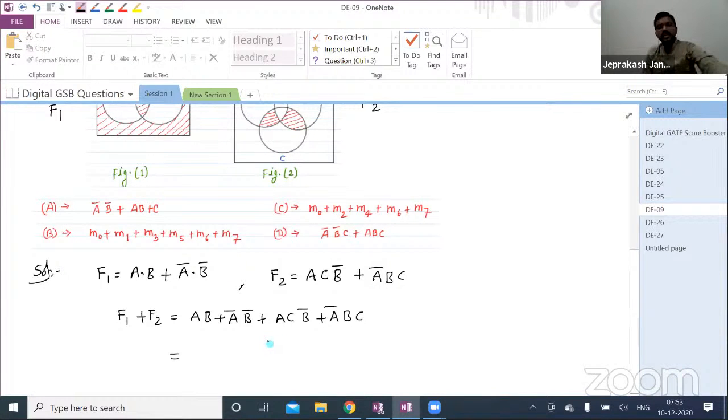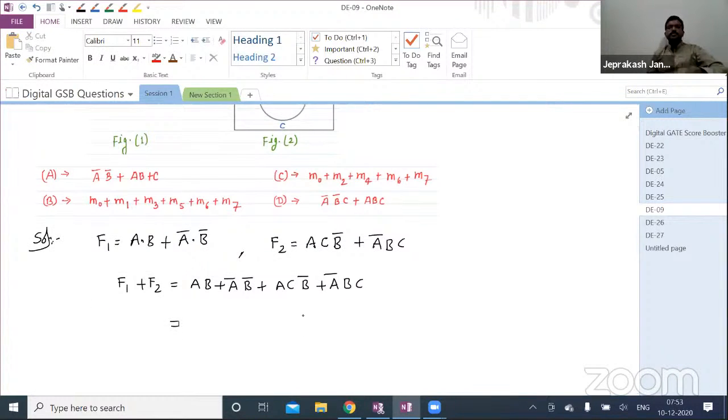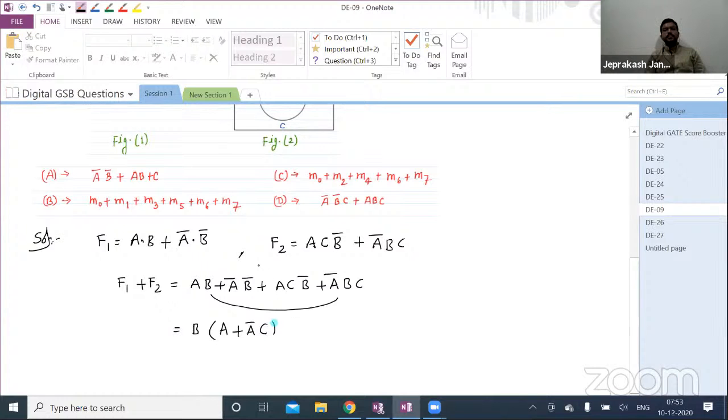Which terms can we take common? Please identify the common terms. From these two, I will take B as common. Then you will get A plus A bar C.